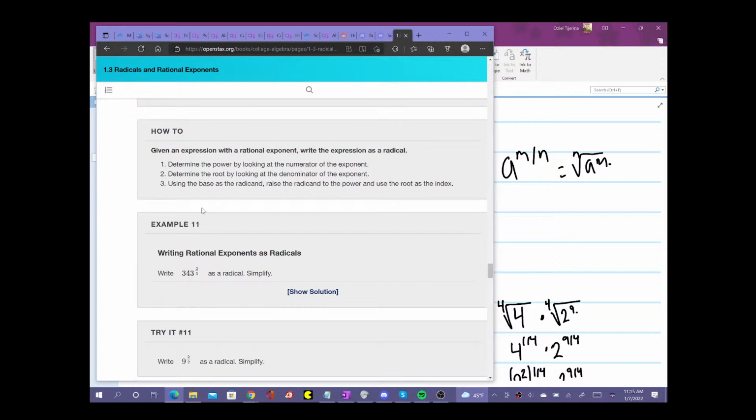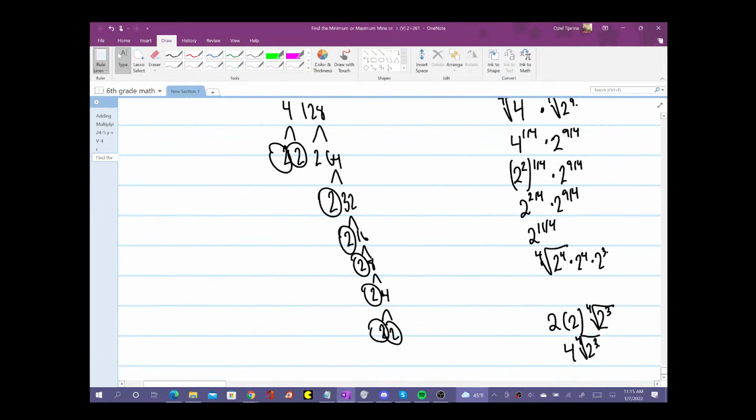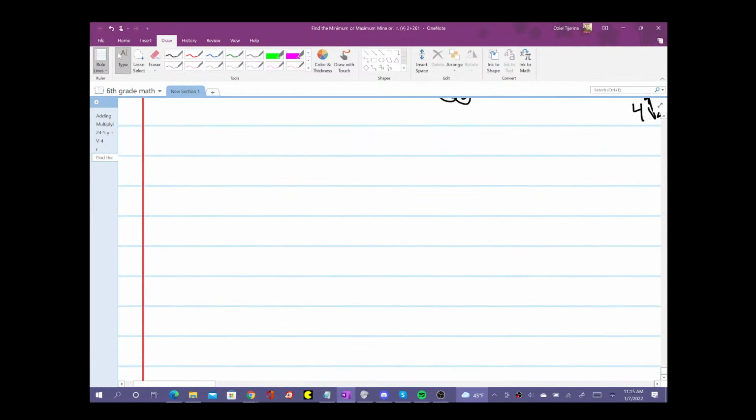So, writing rational exponents as radicals, right? Write 343 to the 2/3 power as a radical and simplify.